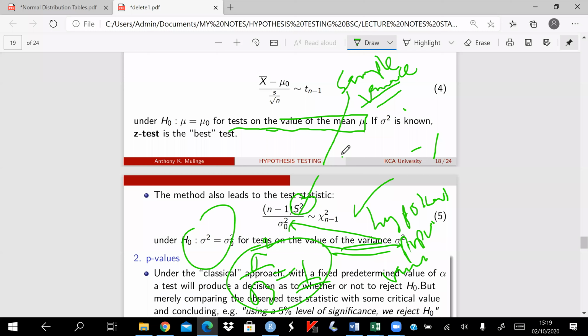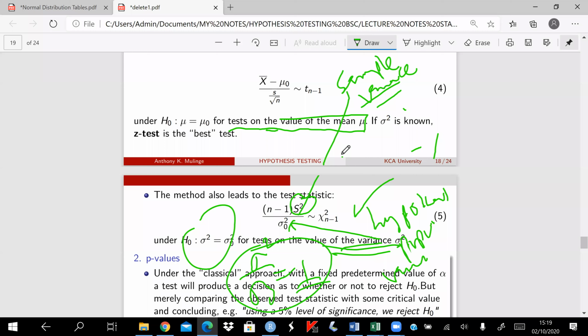We started by saying that under the classical approach, with a fixed predetermined value of level of significance, a test will produce a decision as to whether or not to reject a null hypothesis. But merely comparing the observed test statistic with some critical value and coming up with a conclusion like this, because you'll always end up with a conclusion like this.